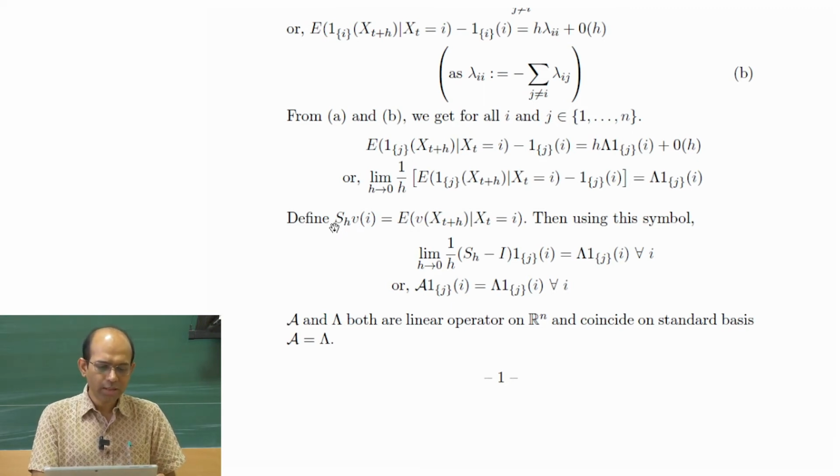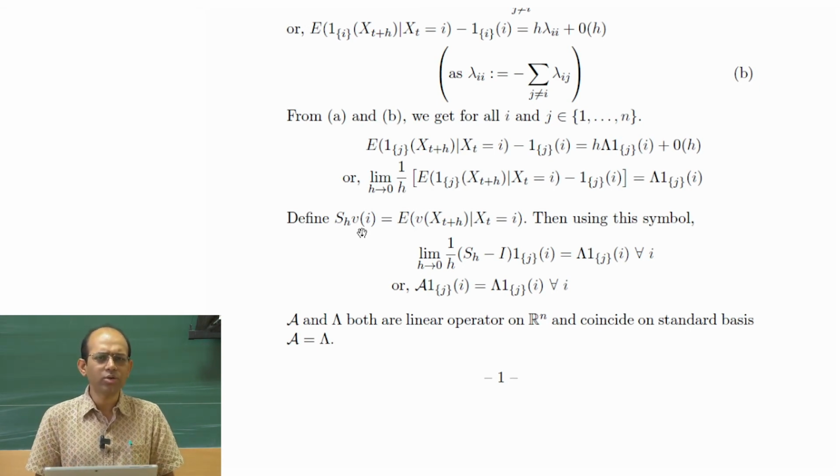So assume that we have a family of operators S_h acting on v, because v is a vector. What is the Banach space here? The Banach space is the set of all vectors on the set 1 up to n, so the set of all n-tuples, or you can also view it as the set of all functions on the set 1 up to n.